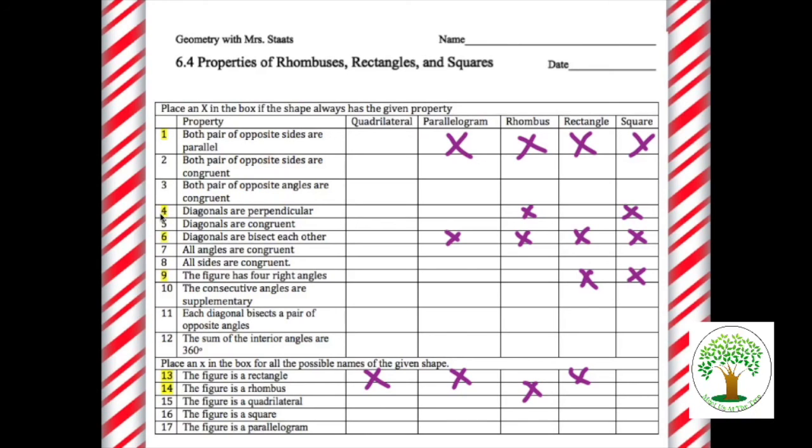Can a rhombus be called a parallelogram? Yes. Can it be called a quadrilateral? Yes. All right, I'll let you finish those down there. Not for your homework.